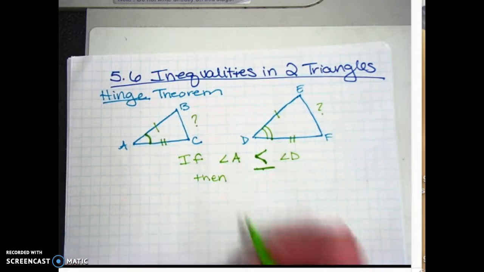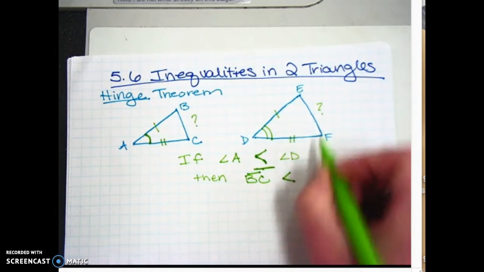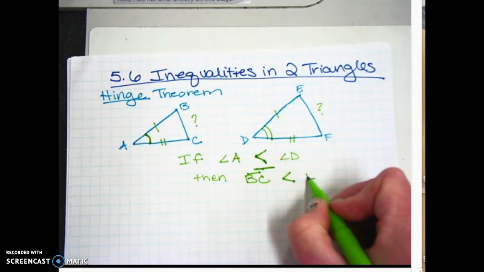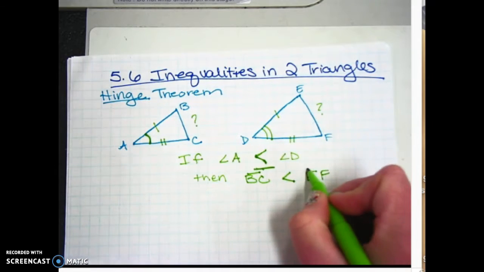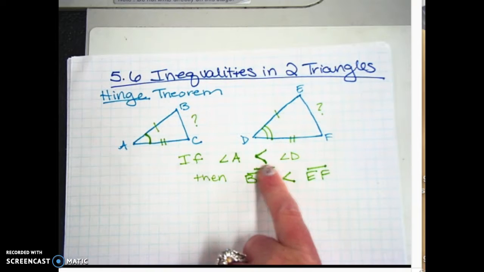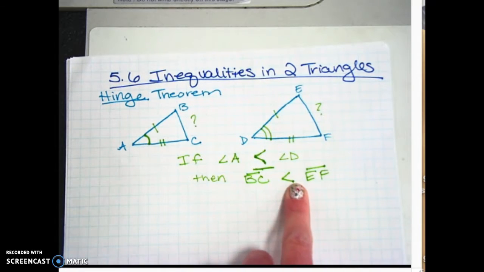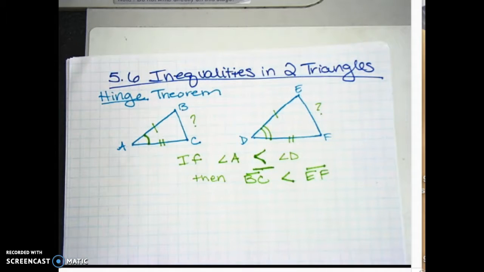So side BC is going to be less than EF. Or if it was turned around and it was greater, if angle D is greater than angle A, then side EF would have been greater than side BC. All right, so let's look at how you're going to see it on some of your questions.